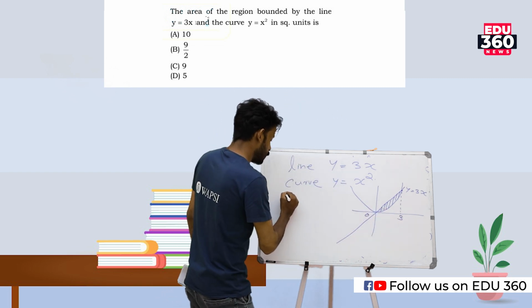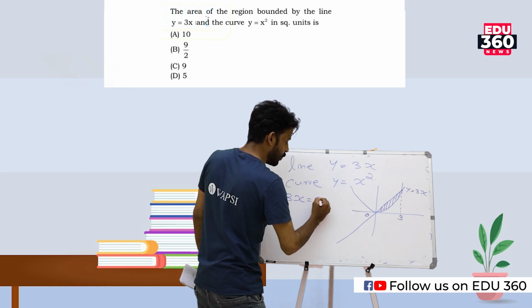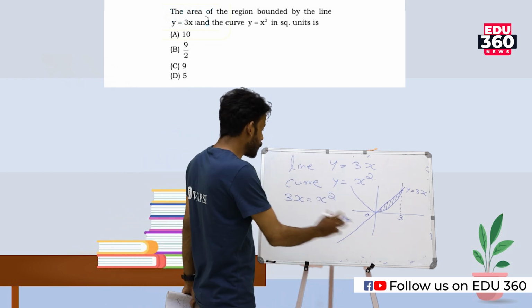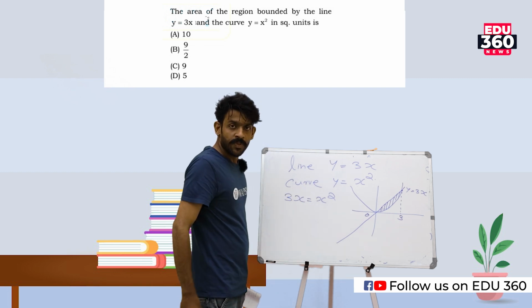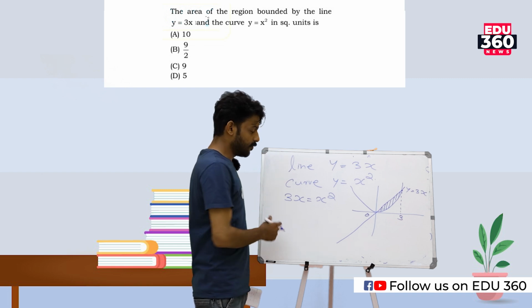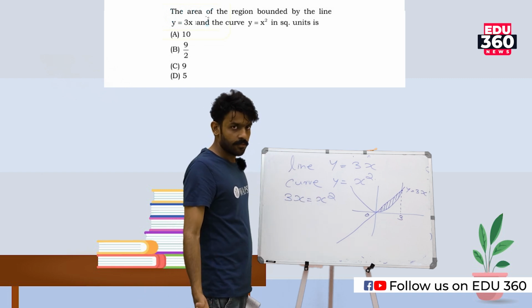So y is equal to 3x and y is equal to x square. Just equate these: 3x is equal to x square. For which value of x are these equal? Take x equal to 1: 3 is equal to 1, not possible. Substitute x equal to 2: 6 is equal to 2 square, not possible.